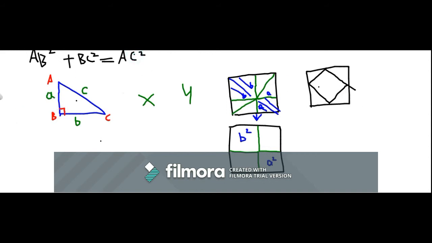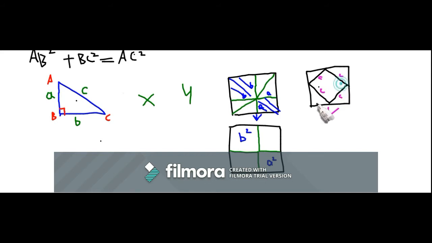Basically, we are going to have the hypotenuse side towards the interior of the square, forming the interior square. So side AC, that is c. We are just going to name them c. This is also going to be c, c and c.